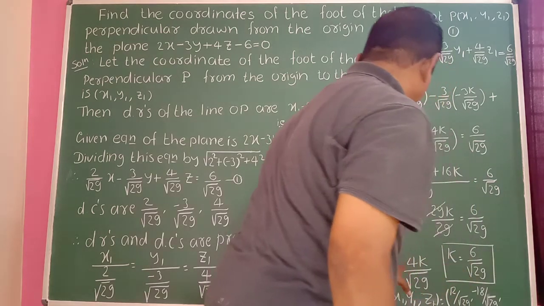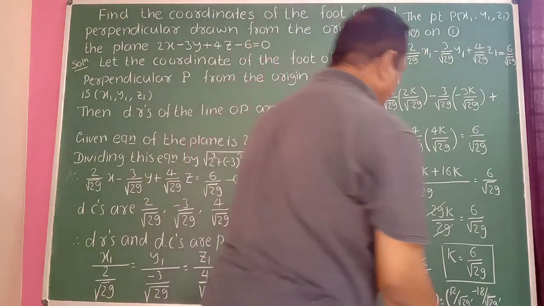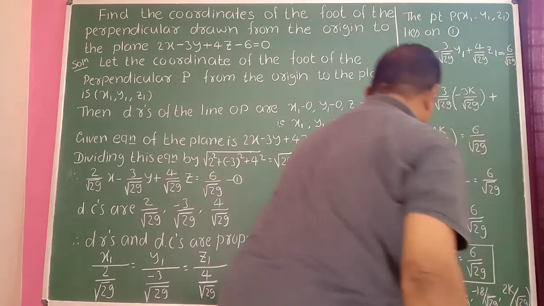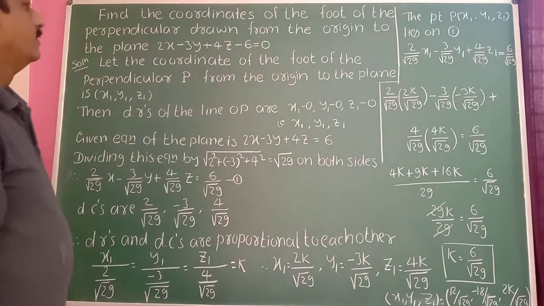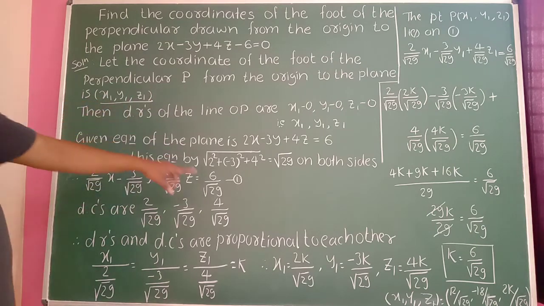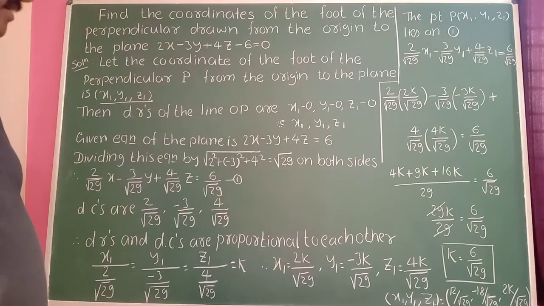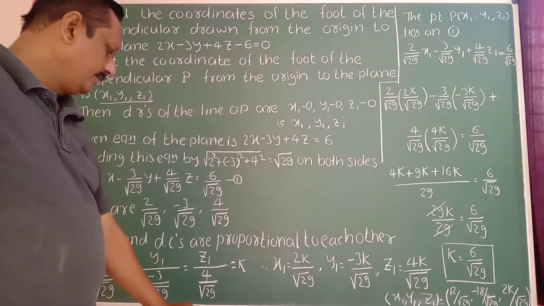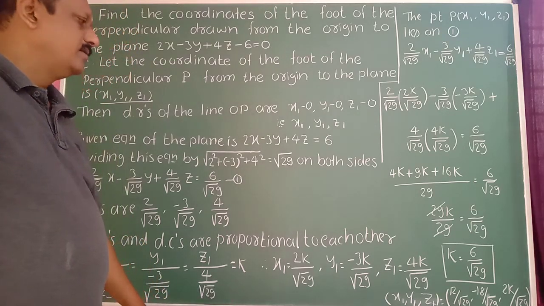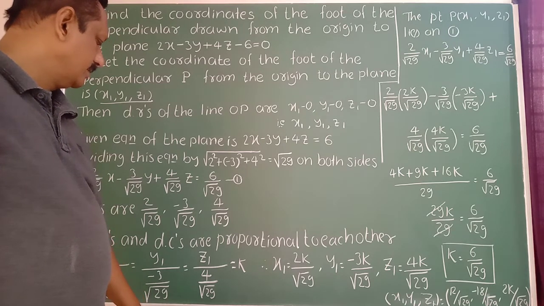Then 6 4s are 24, so 24 divided by root of 29. So this is the required foot of the perpendicular: x1, y1, z1 is 12 by root 29, minus 18 by root 29, 24 by root 29.